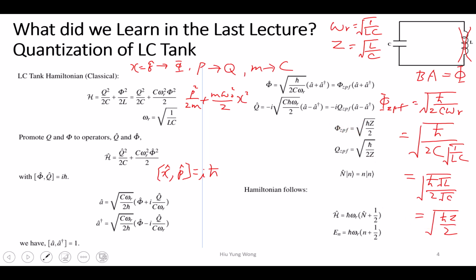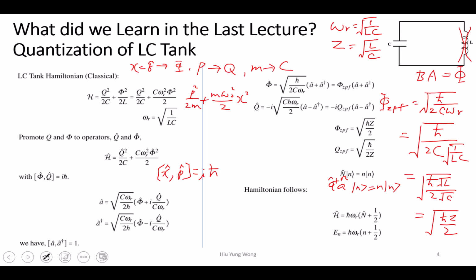So nothing special. From there, we can also create a number operator, which I did not write here. It is just equal to A dagger A, just like what we did in the simple harmonic oscillator. Sorry, there is a typo; it should be A hat.